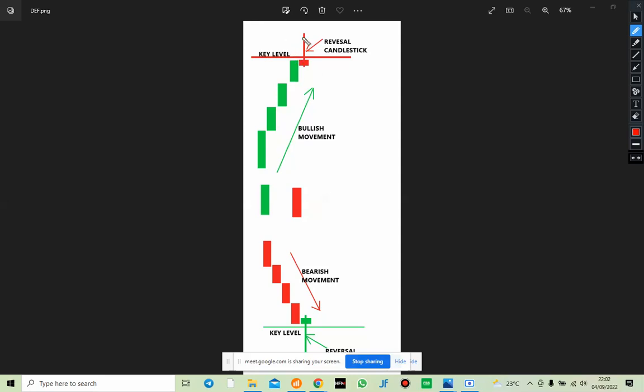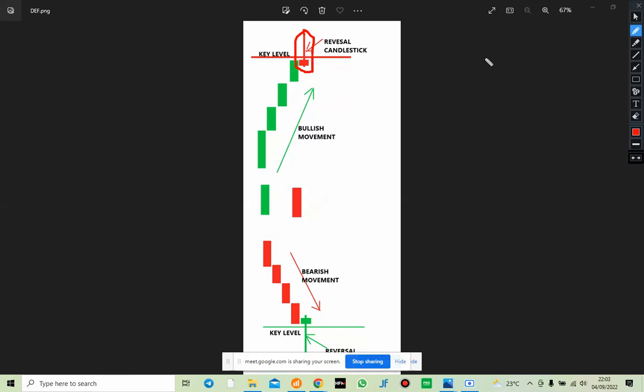When the price reached the key level, I saw this candlestick pattern. Sometimes you might not see this type of candlestick. The name of this candlestick is, let's say, a shooting star. I prefer using this candlestick to trade a pattern, but sometimes the shooting star doesn't appear.